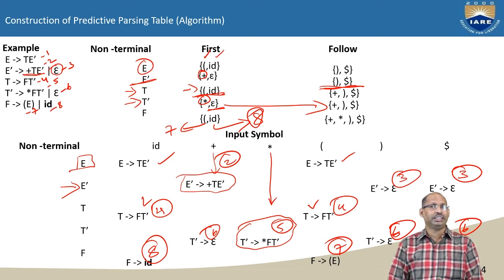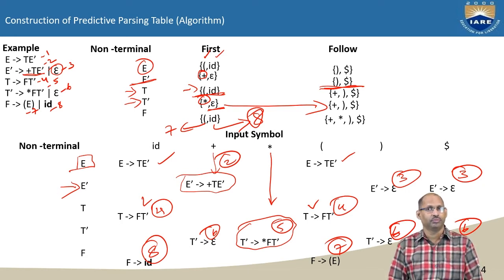First, we consider first of the variable. In the terminal columns, we write the production. If first of the production is epsilon, then only we have to consider follow of the variable. So, in the follow of the variable, we write the production.